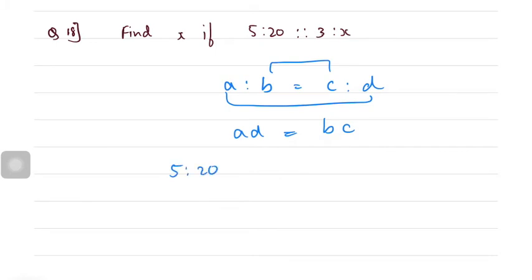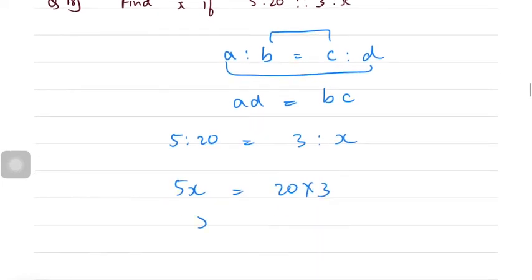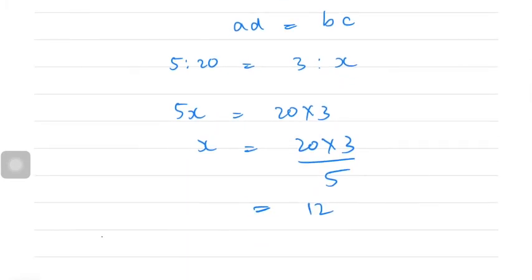So similarly, if 5 is to 20 is equal to 3 is to x, so 5x is equal to 20 into 3. x is equal to 20 into 3 upon 5. So 60 upon 5, 60 upon 5 is 12. So x is equal to 12.